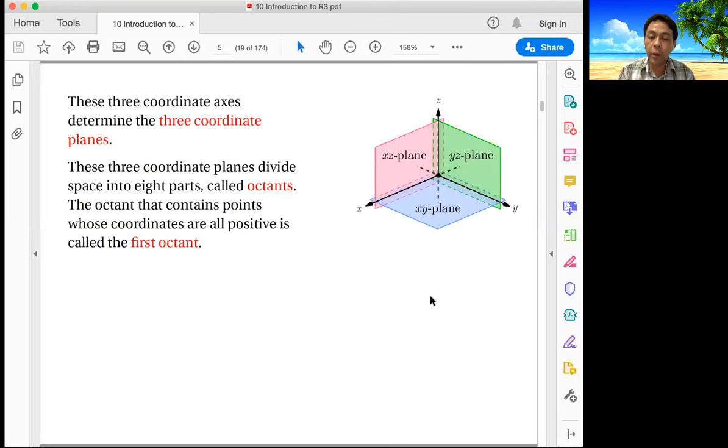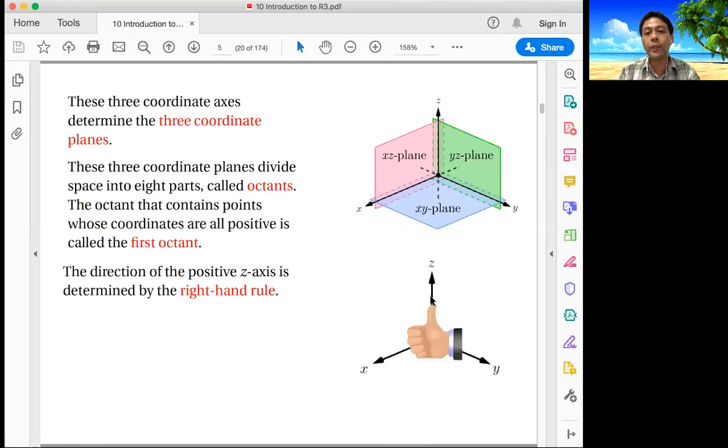The region where the points all have positive coordinates, we call the first octant. Then we travel in the counterclockwise direction. So the second octant is right behind the yz plane. The third octant is on the other side, and the fourth octant is on the left side. Then we go down: directly below the first octant is the fifth octant, and we also go in the counterclockwise direction.